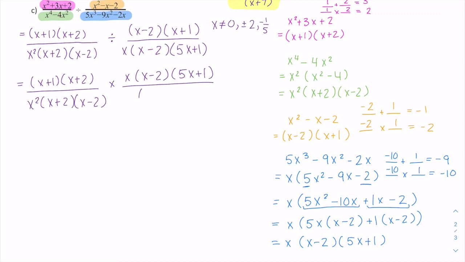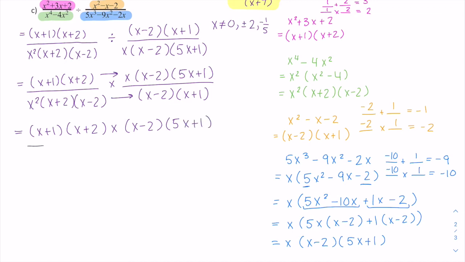All over x minus 2, x plus 1. And when we multiply, we just multiply straight across like this. And now let's cross some things out.